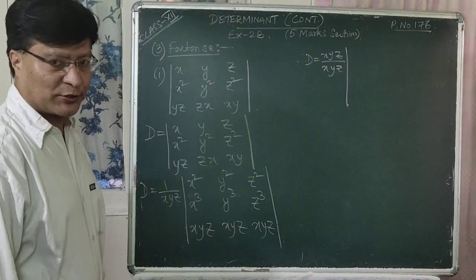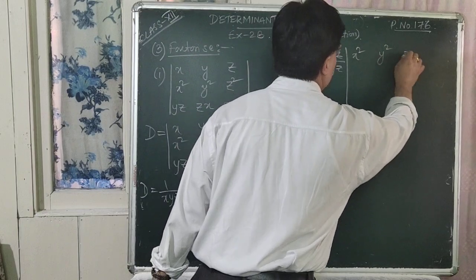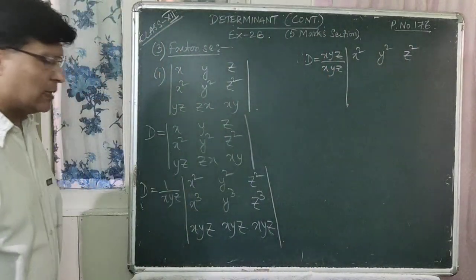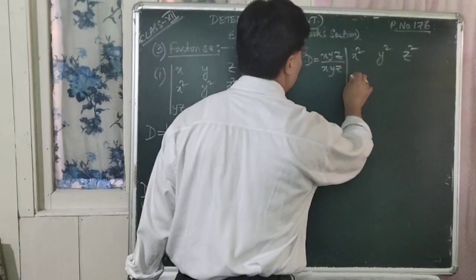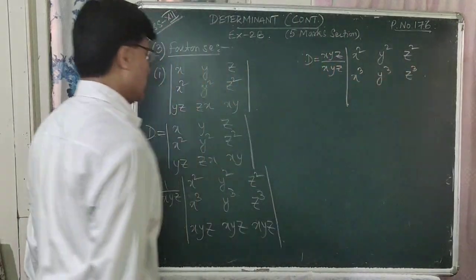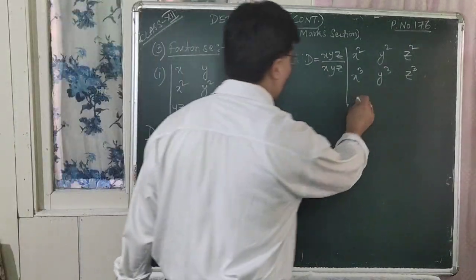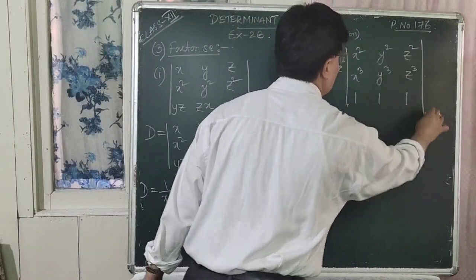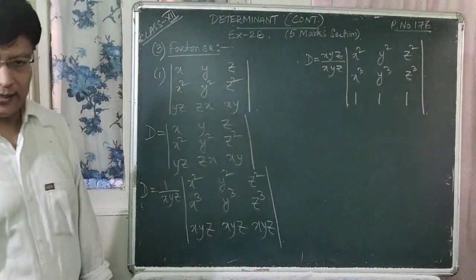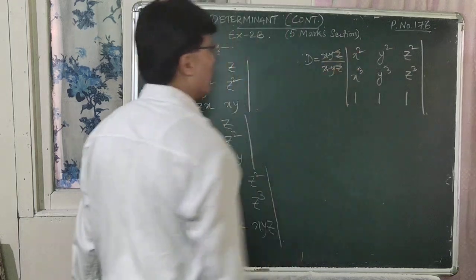So first row remains same, x square, y square, z square, right? Second row remains same, x cube, y cube, z cube. Now what is the new third row? New third row will be 1 1 1, because in this case xyz is taken common.